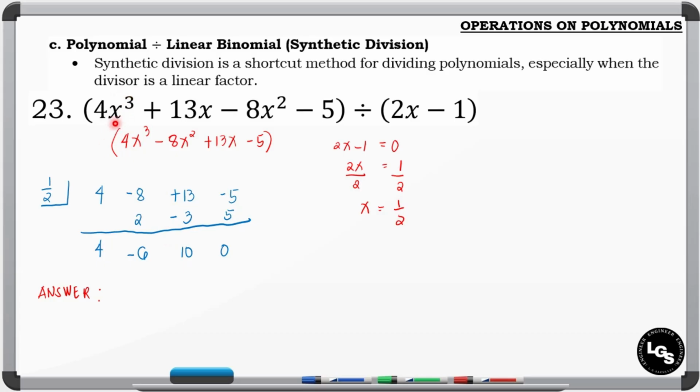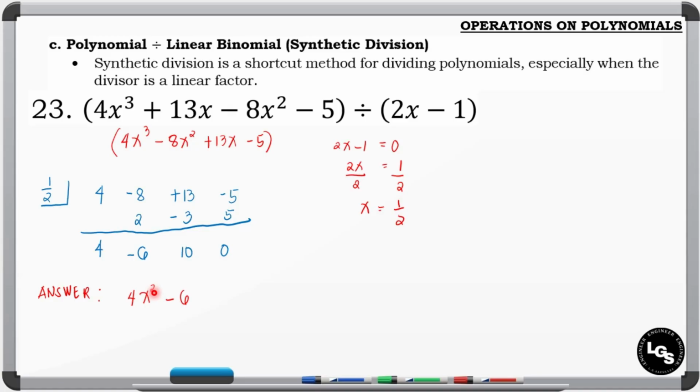so we have here x cubed. So our first variable for our final answer should be decreased by 1. So that will become x squared. Then we copy the first coefficient, which is 4. Then we have here negative 6. So that is negative 6.